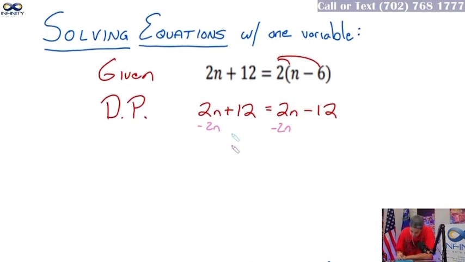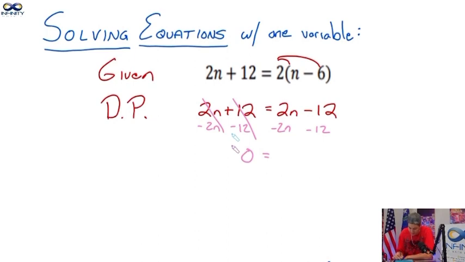So I'm going to subtract 12. Anything I do to one side, I must do to the other. Now, you'll notice 2n minus 2n cancel, and 12 minus 12 cancel, so I'm left with 0. On the right side, I end up with 2n and negative 2n cancel. Negative 12 plus negative 12 is negative 24.